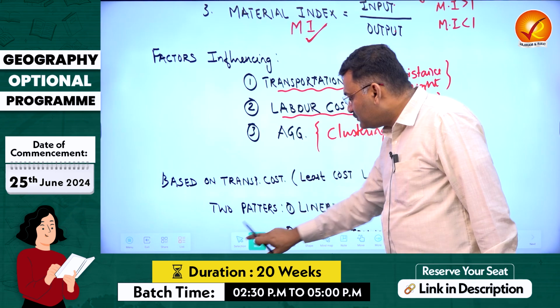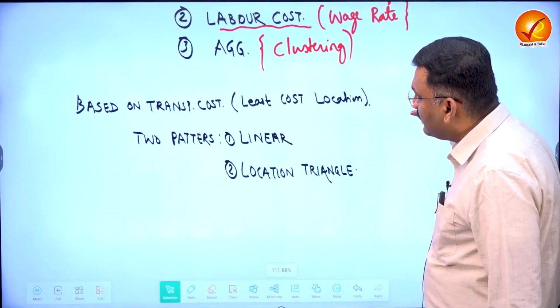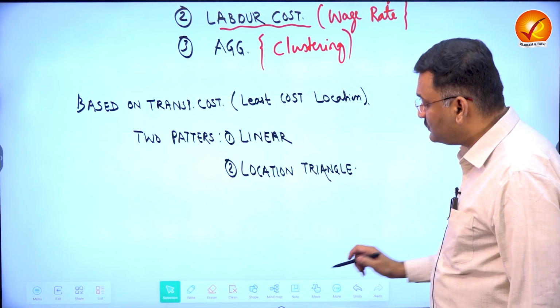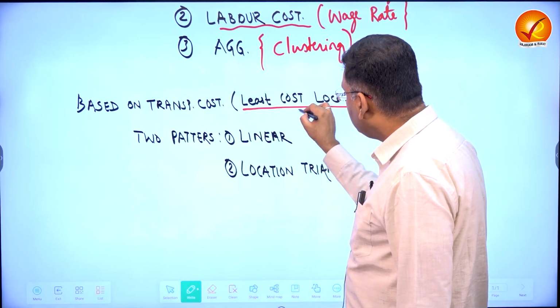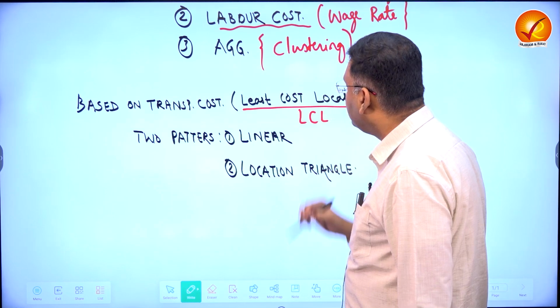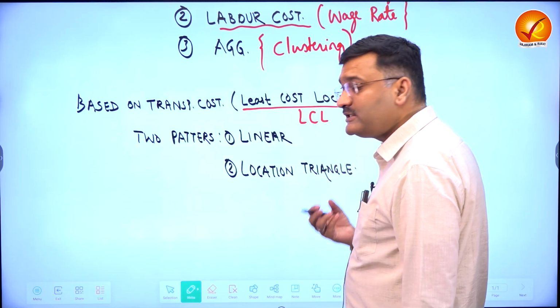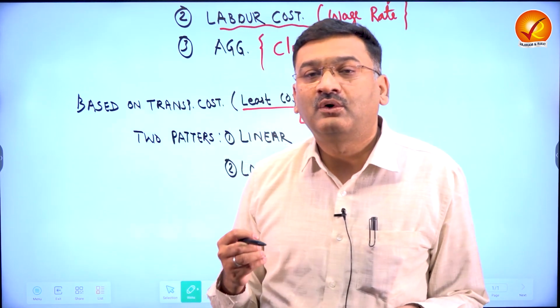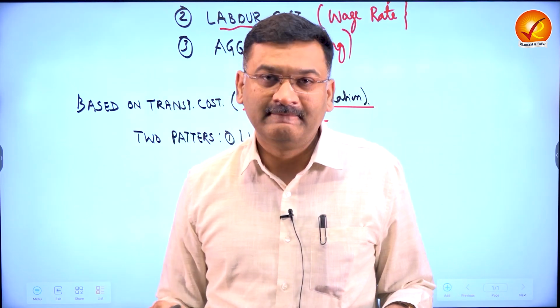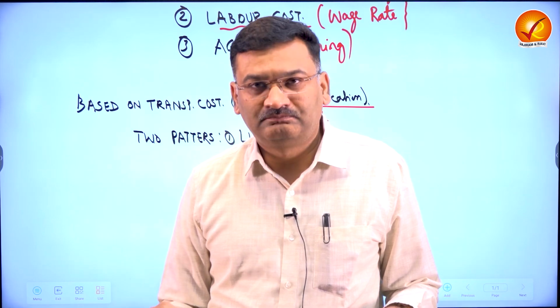Now, according to transportation cost, he gave the least cost location. The approach is the least cost approach, LCL. Least cost location is the location where the cost of transportation is minimum.